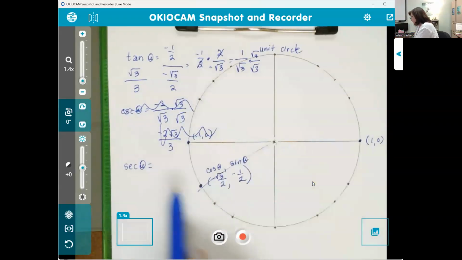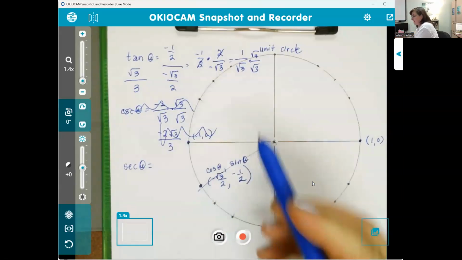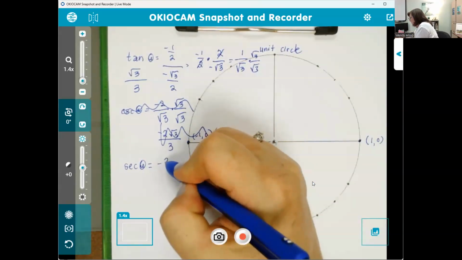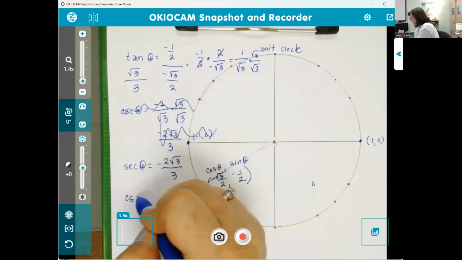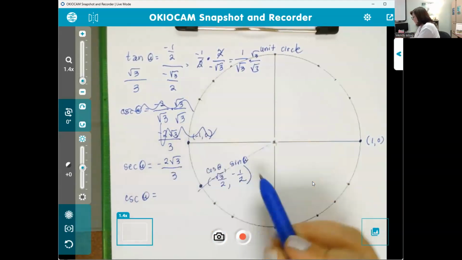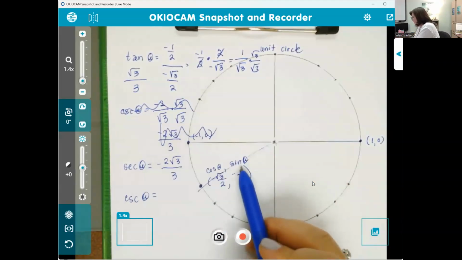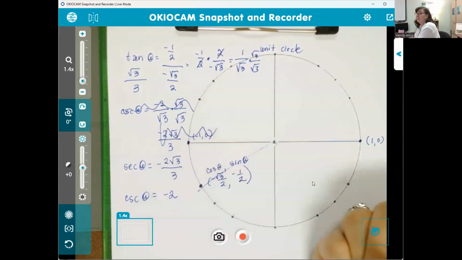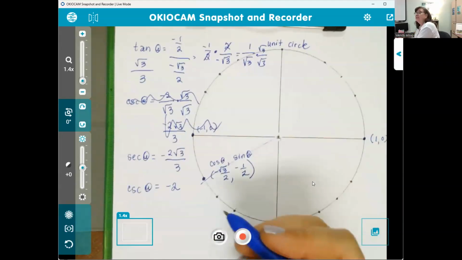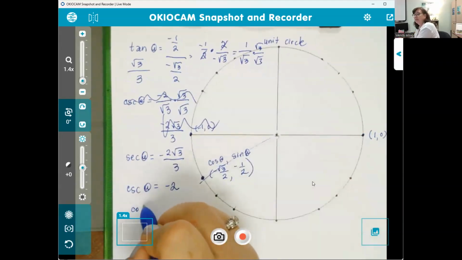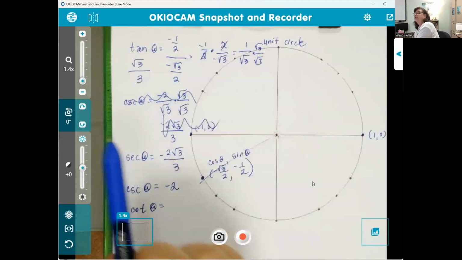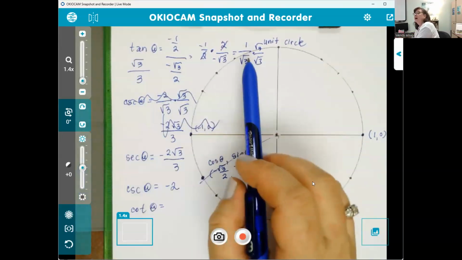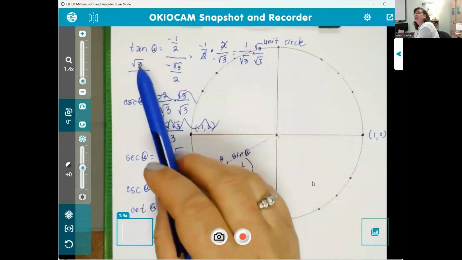Okay, the secant will be the reciprocal of the cosine. That will be the negative 2 root 3 over 3. The cosecant is the reciprocal of the sine. That's going to be negative 2 over 1, which is just negative 2. And the cotangent of theta will be the reciprocal of the tangent, which you can undo.